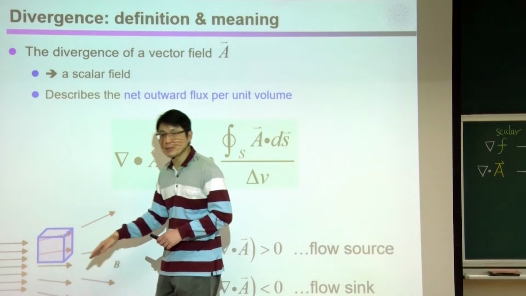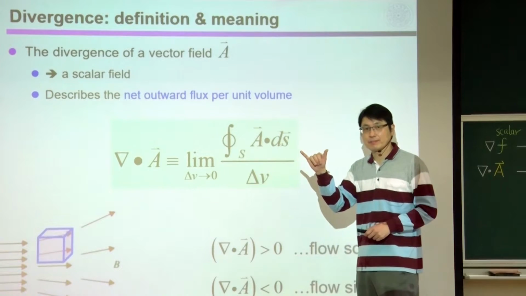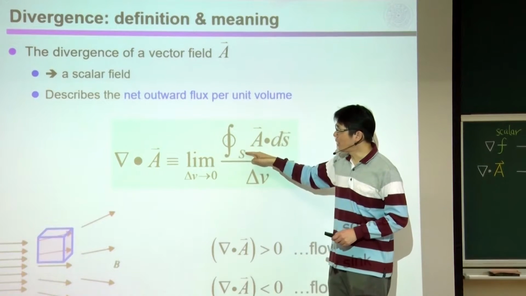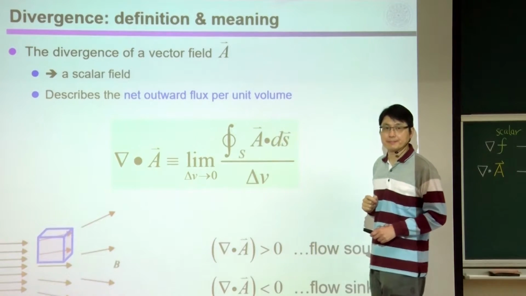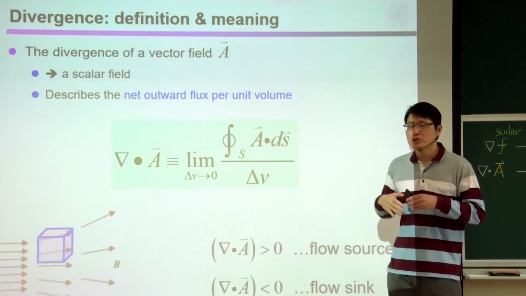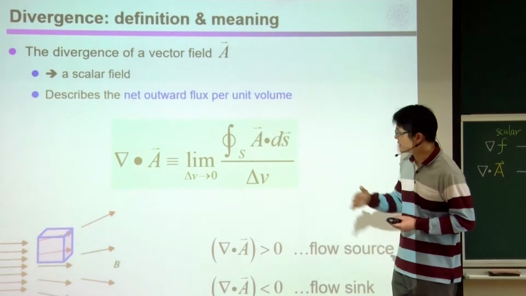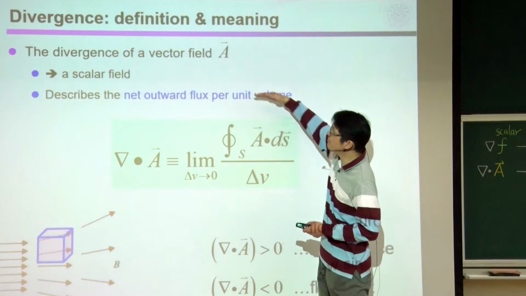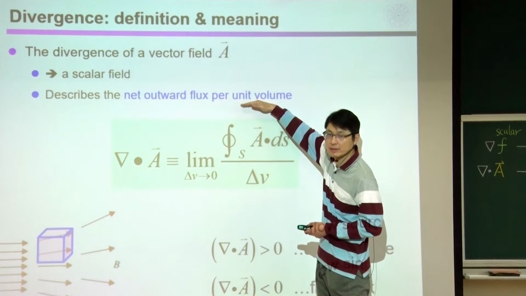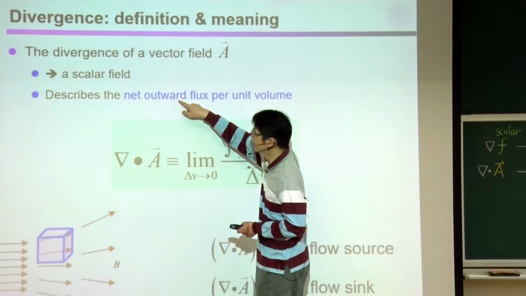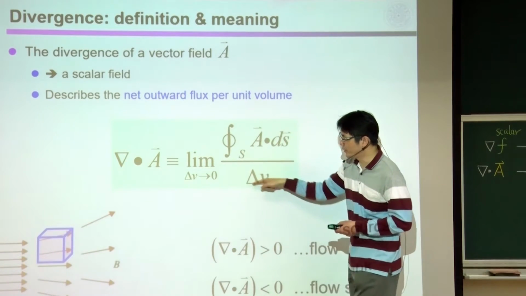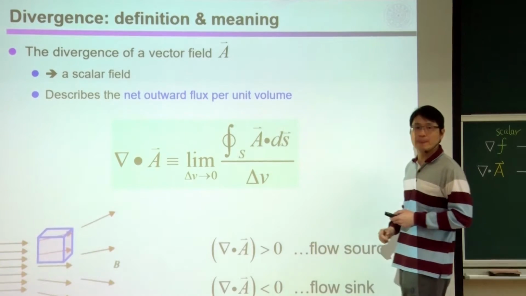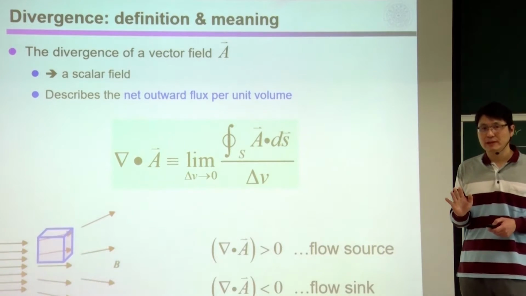So totally for this cube, I need to perform 6 calculations to accomplish this closed integration on all surfaces. Right? So I'm spending a lot of time to tell you the basics, the meanings behind the mathematical equations. But this is a definition, and this definition follows directly from this sentence. The net outward flux per unit volume, right? Per unit volume, net outward flux. Right, clear enough? And let's move on.